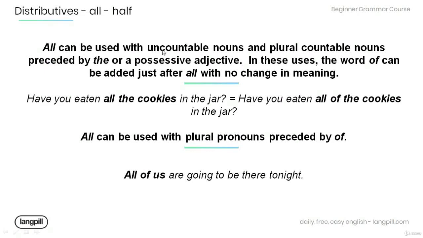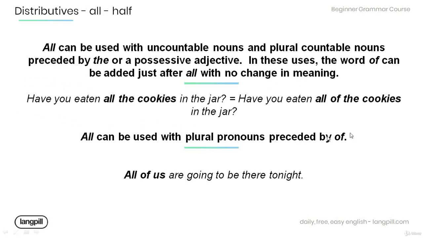All can be used with uncountable nouns and plural countable nouns preceded by the or a possessive adjective. Now, in these uses, the word of can be added just after all and with no change in meaning.